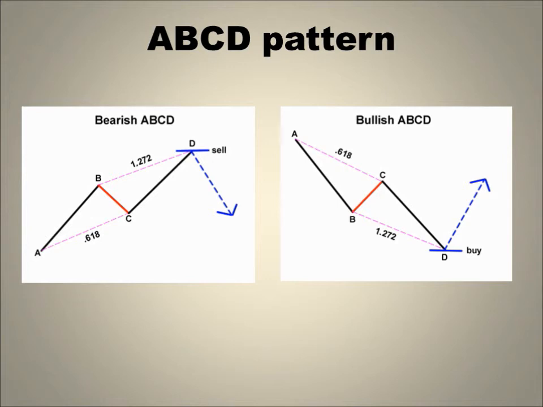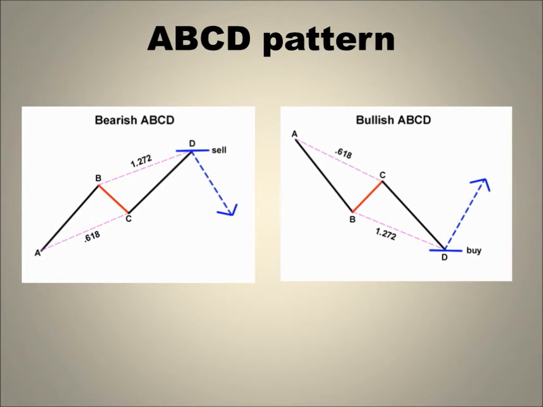So again, when we see a wave 2 in the bullish trend, and on the bottom here of this bullish trend, that's a clear buying signal. So think about that when we're looking at a wave 2 or a wave 4. We can pick up a buying signal easily if we're in the bullish trend, or we can pick up a selling signal easily when we're dealing with a bearish trend.